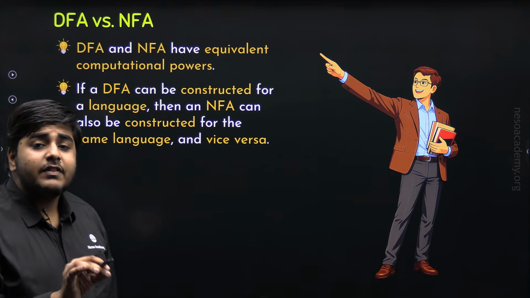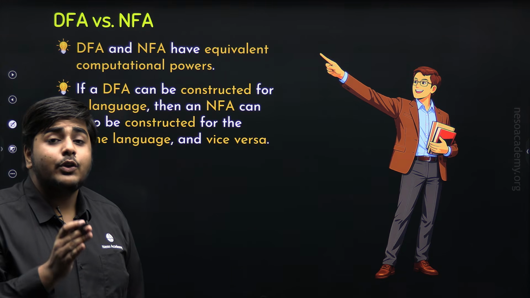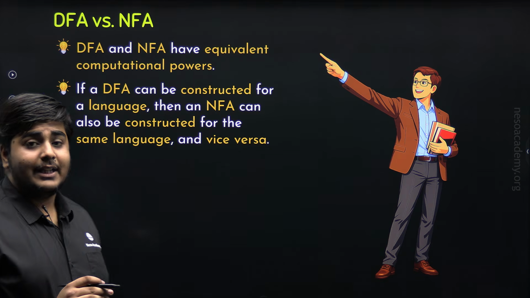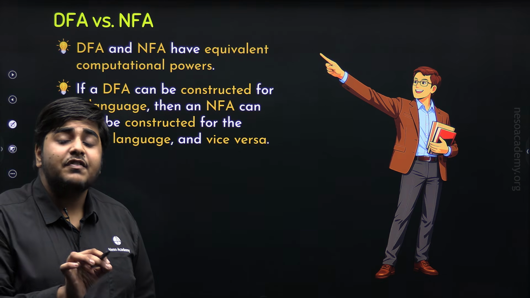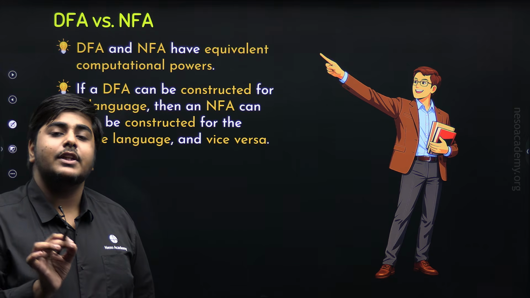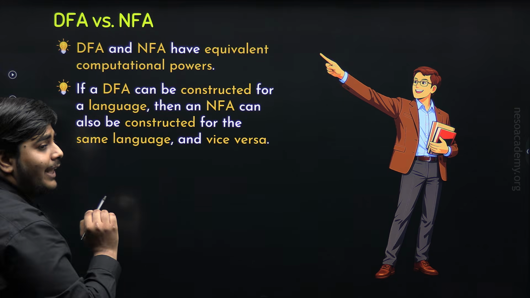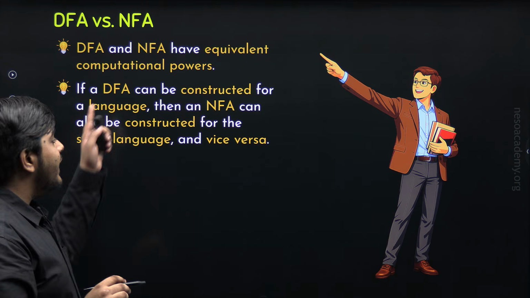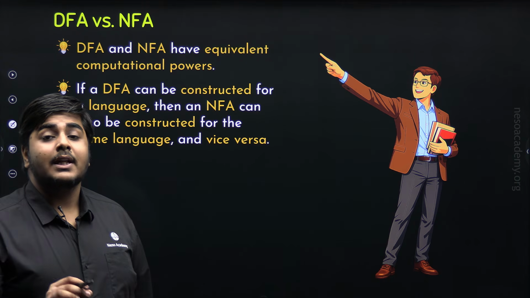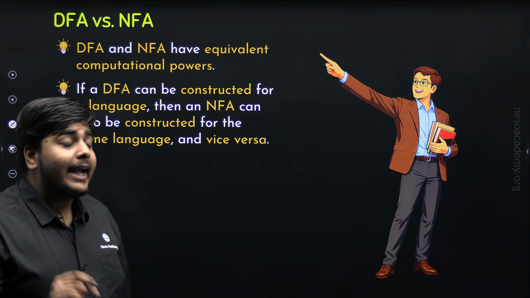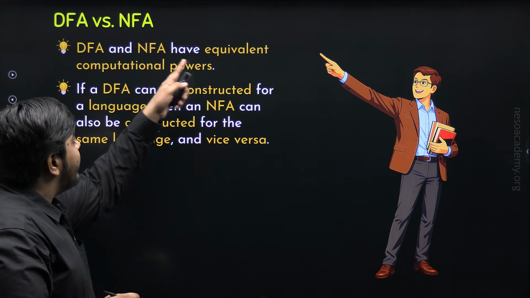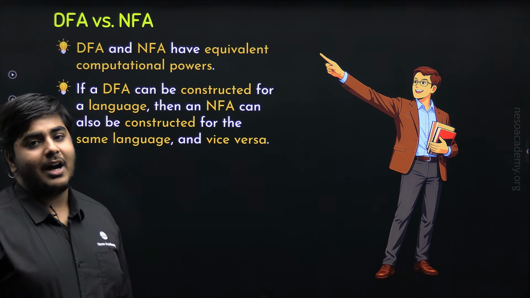If you are able to make a DFA for a language, then making an NFA is equally possible, and if you are able to make an NFA, then making a DFA is equally possible. That's what we mean by equivalent computational powers.